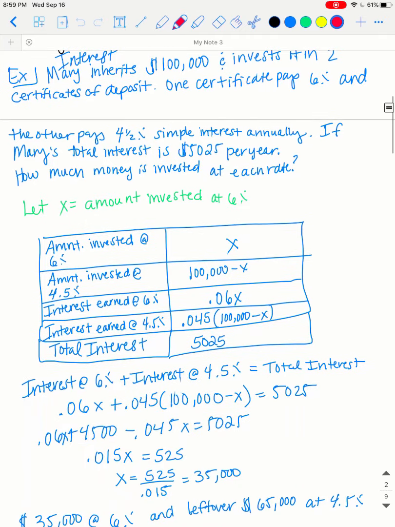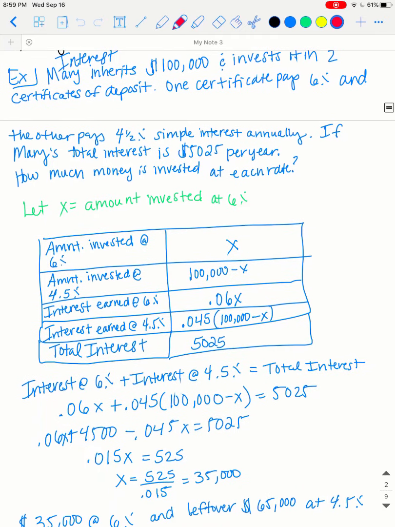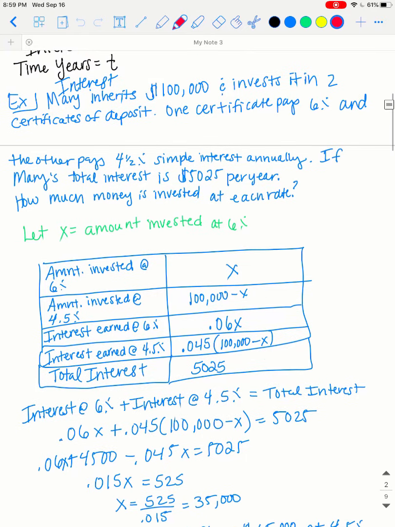Okay, so we're going to look for what we are trying to solve. We're trying to solve the amount of money invested at each rate. So I'm going to let X equal the amount of money invested in the 6% rate. So she inherited $100,000.